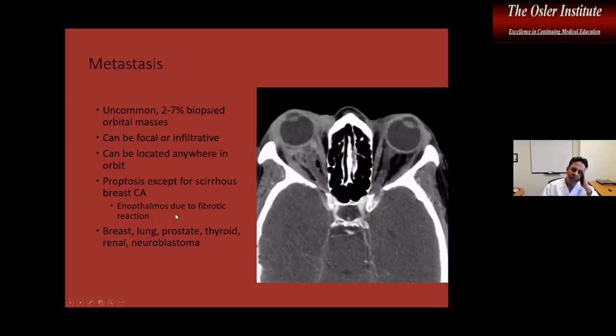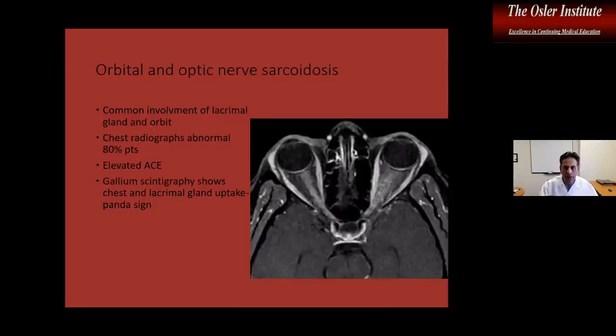But generally, enophthalmos due to a metastasis is very suspicious for breast cancer. And other things that can metastasize are, of course, renal cancer as well, neuroblastoma. But they'll usually have a mass effect as opposed to enophthalmos due to fibrosis.